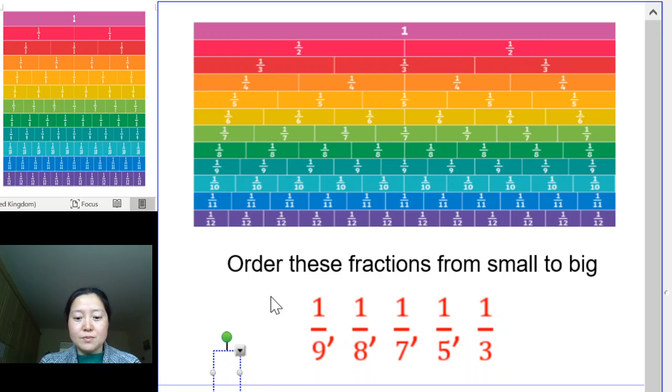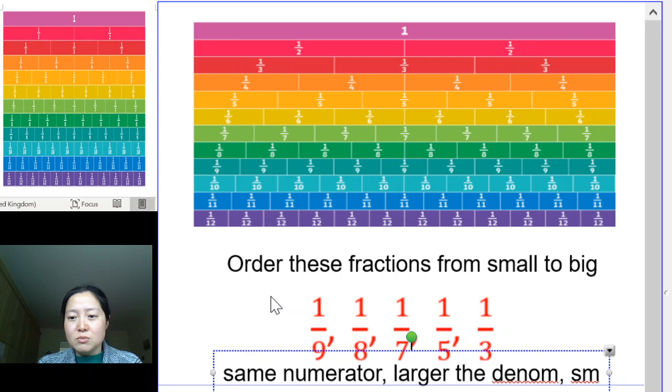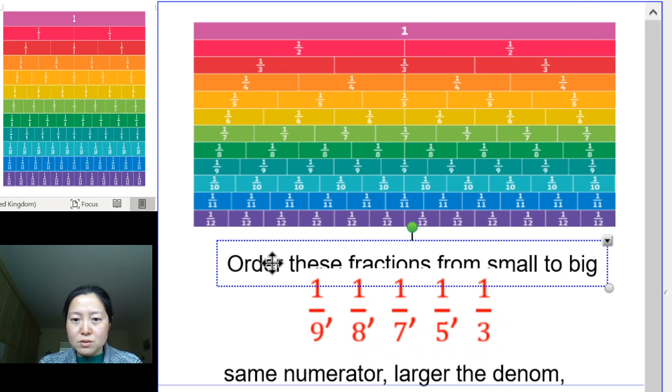So same numerator, larger the denominator, smaller the fraction. Alright, so let me just move this up a bit. Then you can write that in your notes.